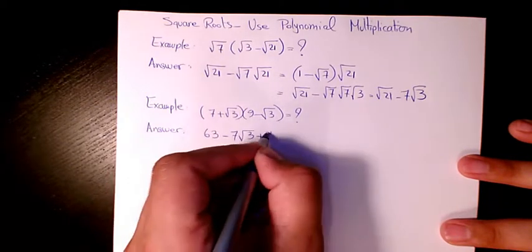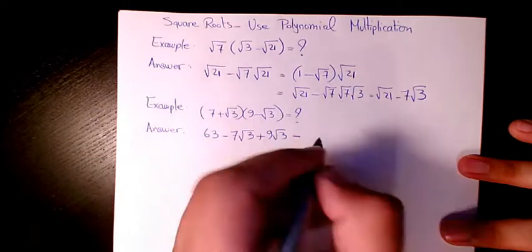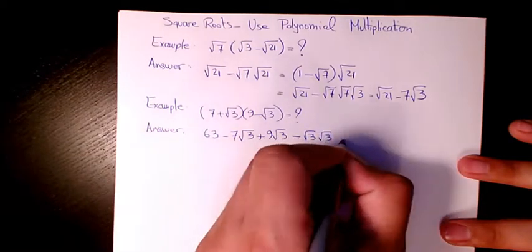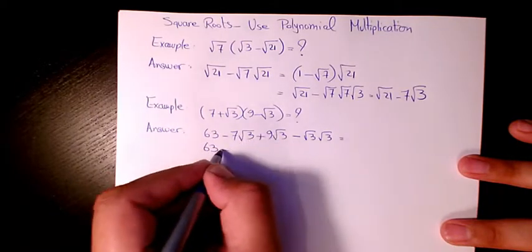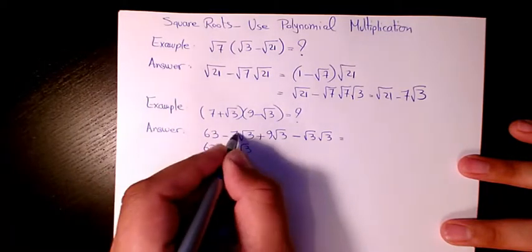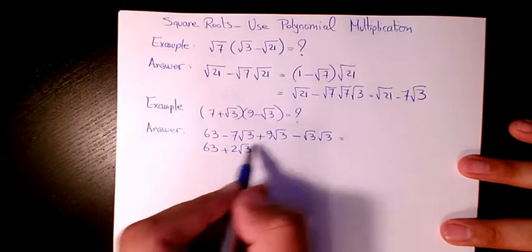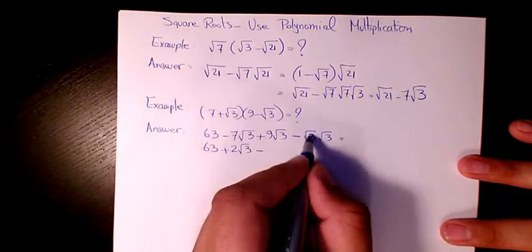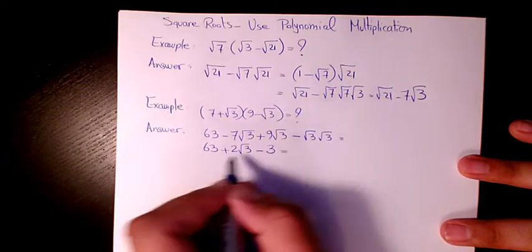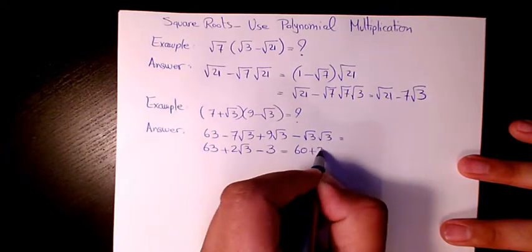Then 9 times root 3, minus root 3 times root 3. That makes it 63 plus 2 root 3, because negative 7 root 3 plus 9 root 3 is going to be positive 2 root 3, minus root 3 times root 3 is going to be just 3. So it will be 60 plus 2 root 3.